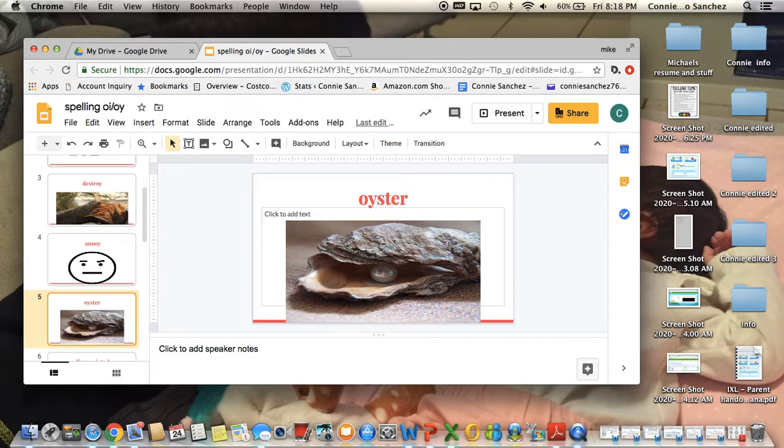Now this one is an exception. It's oyster. But you also notice that it's just that sound and then it ends with stir. It's not in the middle, it's in the beginning. So you can also classify that as an ending sound right then and there. It doesn't really follow that rule where it's completely at the end, but you can still hear that single sound and then it ends with stir. So oyster.